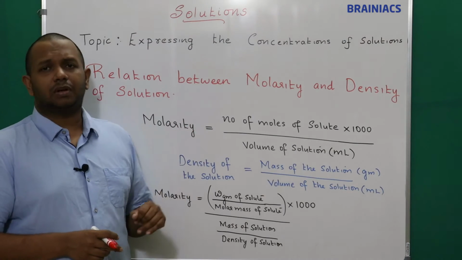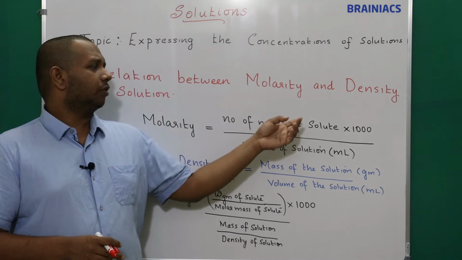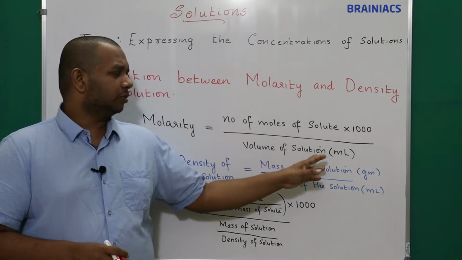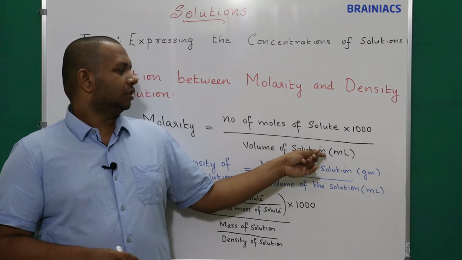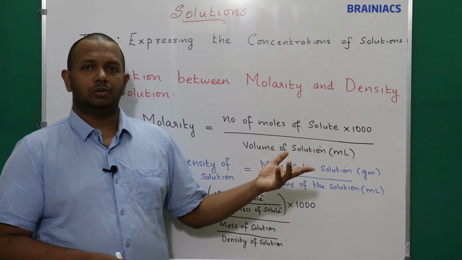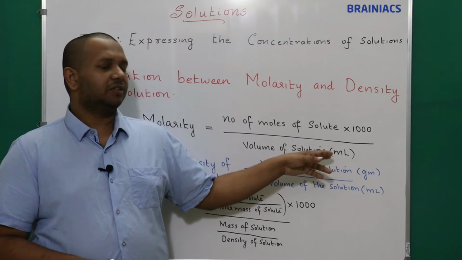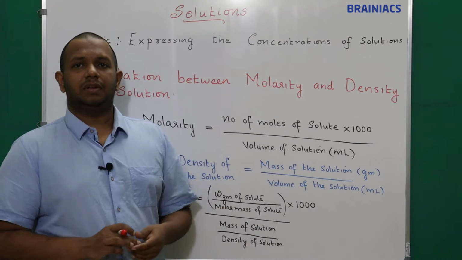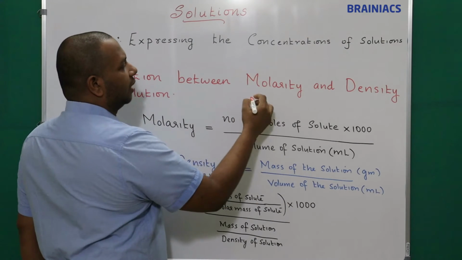So we know, as per our definition, molarity is what? Molarity of a solution, very simple, is the number of moles of the solute divided by the volume of the solution in liters. Suppose I want to express the volume of the solution in ml. What should I do? We know that 1 liter is equal to 1000 ml. Correct?